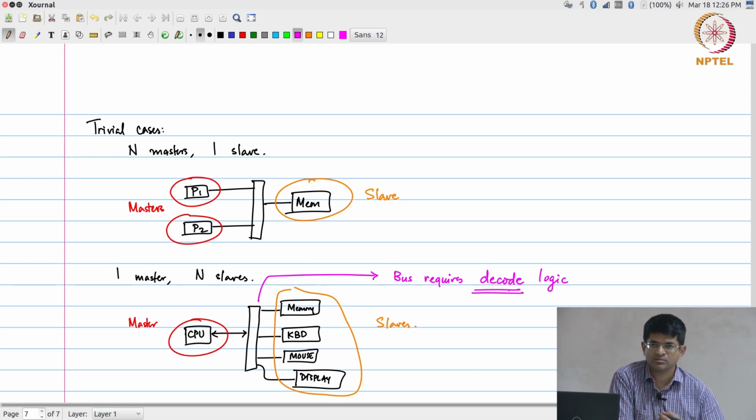It has a standard set of connections that connect it to the bus, but the number of wires required for the keyboard peripheral versus the number of wires required for the memory unit are probably different. The bus takes care of filtering that out. It sees what is the CPU trying to do. How does it understand that? By looking at the control signals, part of which is the address bus that is put out, the address.